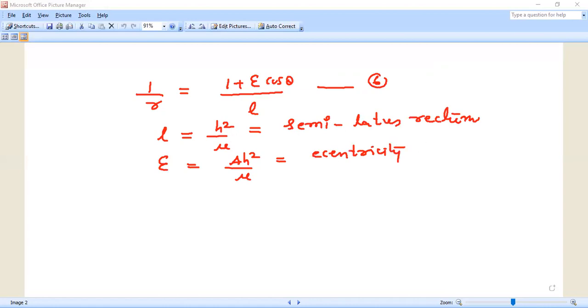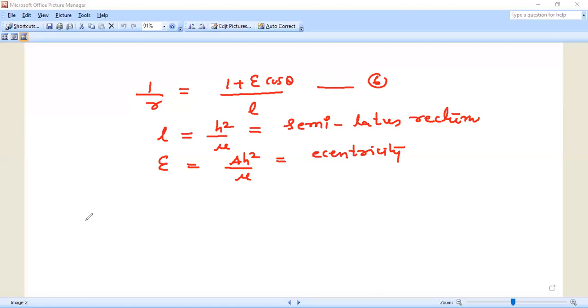Right. So our intention is to prove that the path followed by the planet is an ellipse, because Kepler's first law states that planets revolve around the sun in an elliptical orbit.